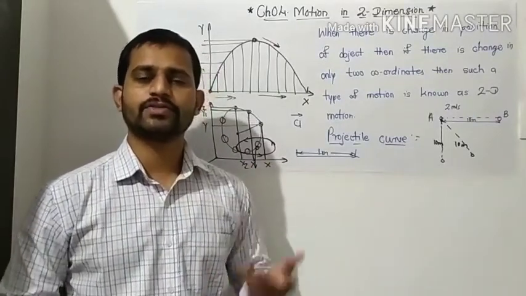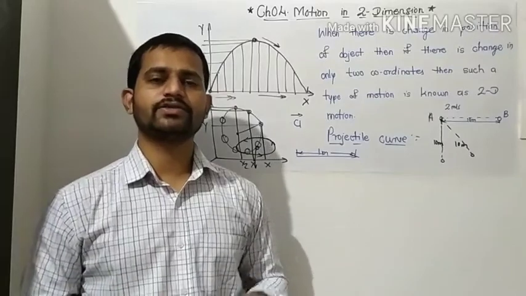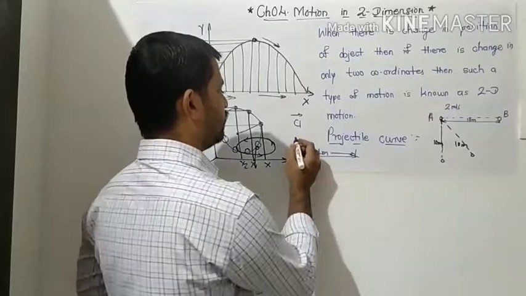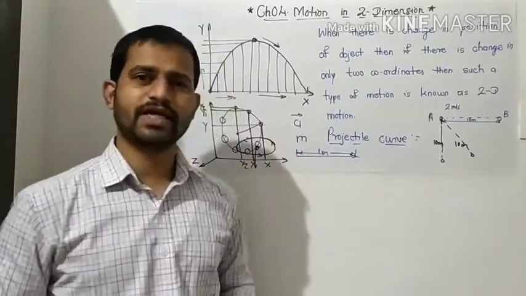And in case of a scalar, we have seen that we just have to give the symbol there, like in case of mass we write only m, so it is a scalar quantity.